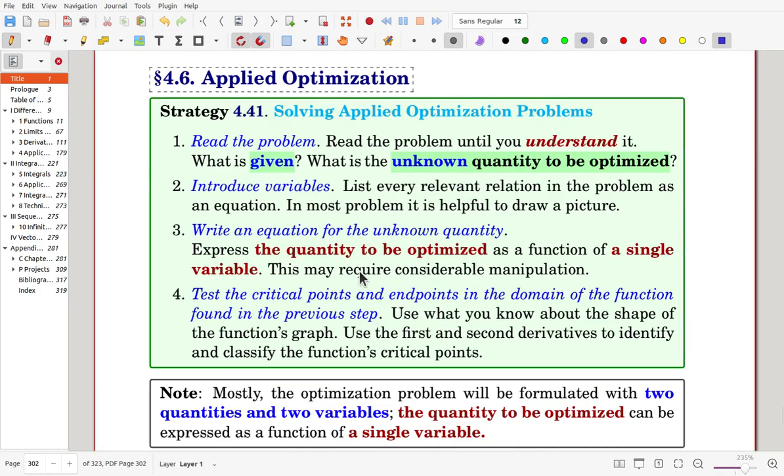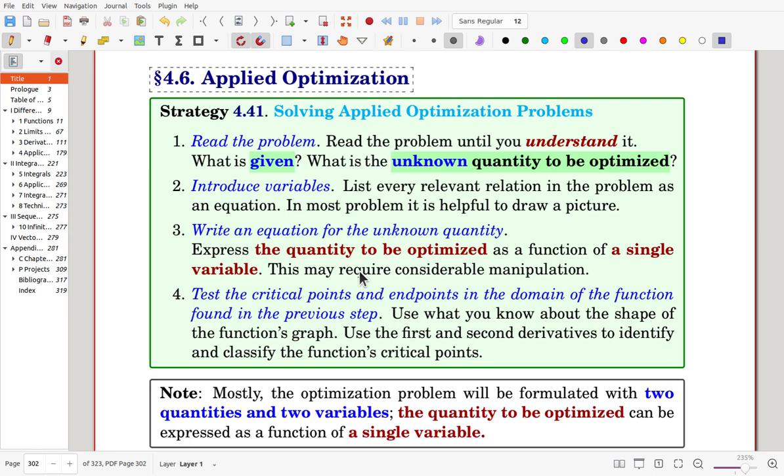Applied optimization. The problems are given along with some story, so first of all, you have to understand the problem. In the problem, you have to specify what is given and what is the unknown quantity to be optimized.